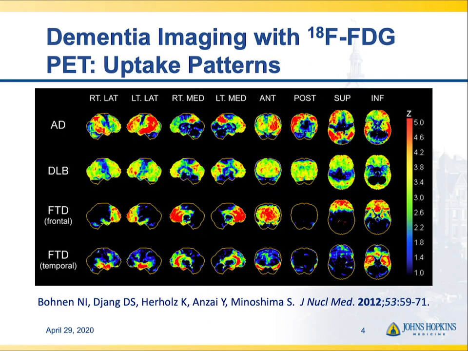Here are some of the patterns that we can see with FDG-PET in dementia. Alzheimer's disease is far and away the most common dementia that we may encounter, and it typically has hypometabolism primarily within the parietal and temporal lobes.